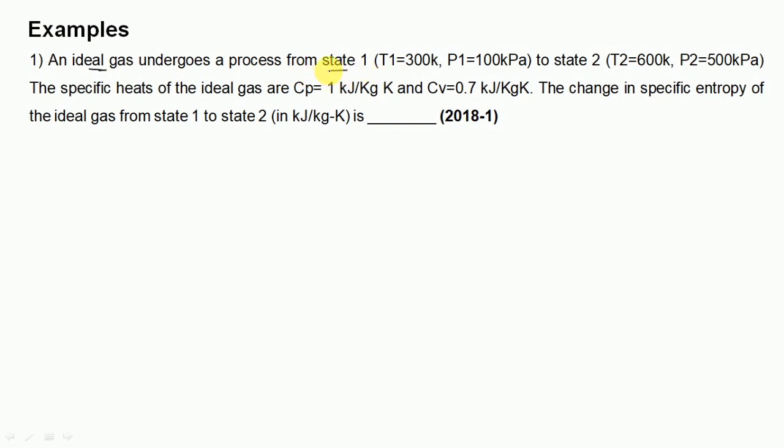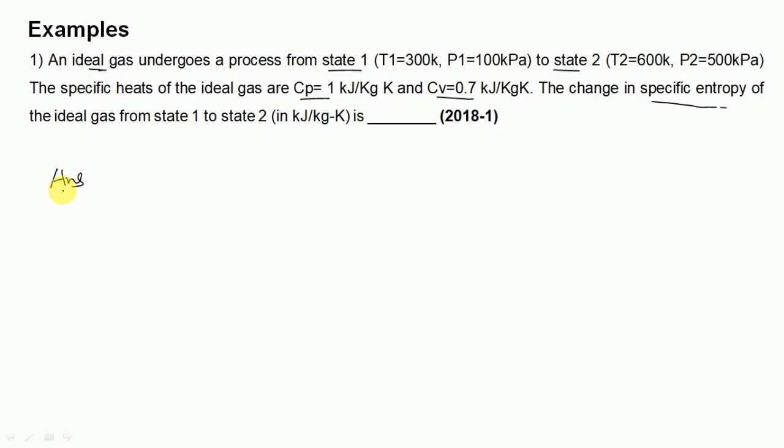State 1 is given and state 2 is given. The specific heats of the ideal gas, Cp and Cv values, are given, and you need to find the specific entropy change for the ideal gas. Here I do not write all the data, just solve the problem, and it is a very easy problem.